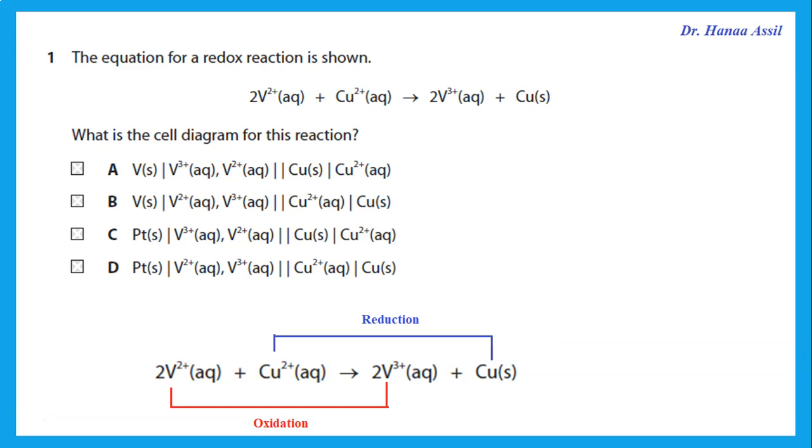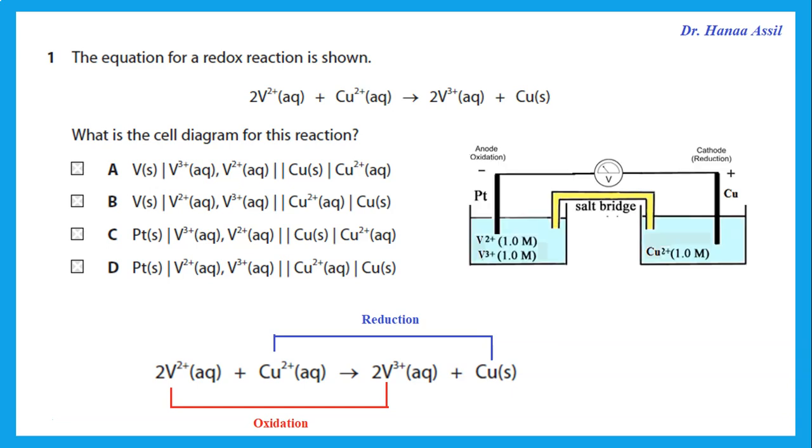And we start writing the cell diagram from the left, starting with the oxidation part. So we find that the oxidation half cell is vanadium 2 plus, vanadium 3 plus. This is where oxidation happens. Now this is a mixture of solutions, so our electrode will be a platinum electrode. And then the other half cell has copper 2 plus to copper.